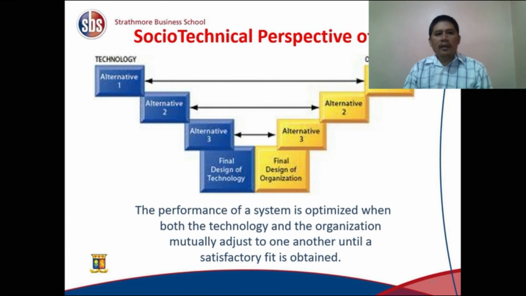It's very important that the technology should adjust, the organization should adjust, and look for that perfect fit so that the information system and the organization would have a harmonious relationship.